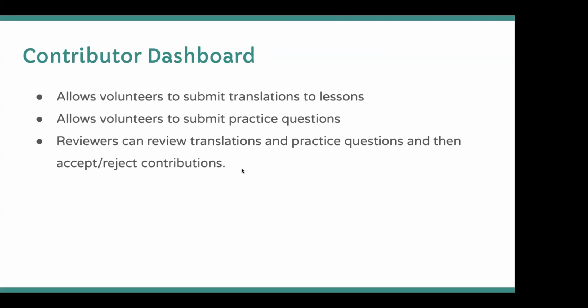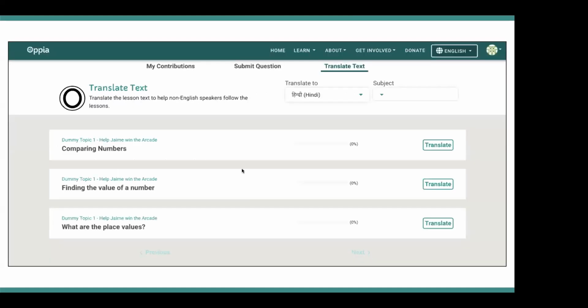In order to facilitate that, we have the contributor dashboard as a part of the project, and users can submit practice questions as well for the lessons. Then there is another set of users, reviewers, who can review the translations or practice questions, then accept or reject those contributions. So this is the contributor dashboard.